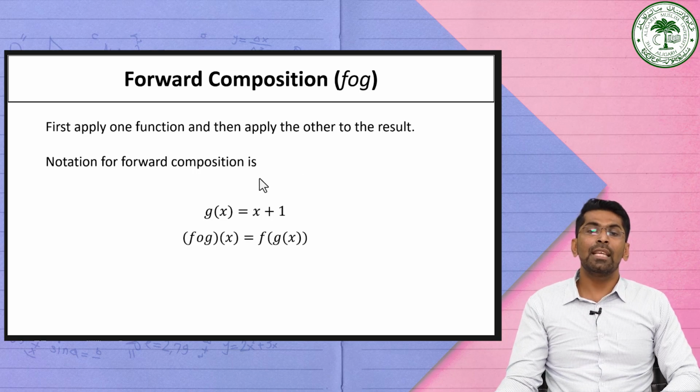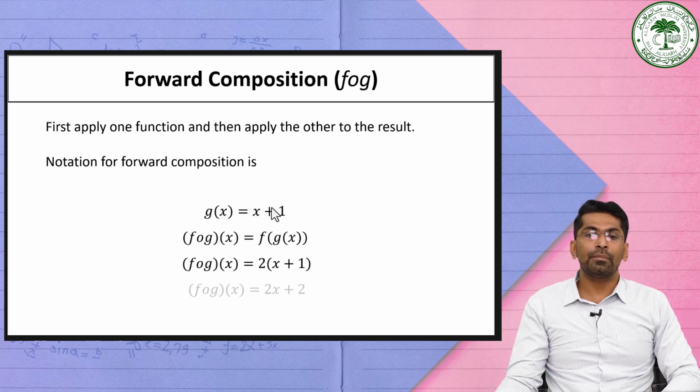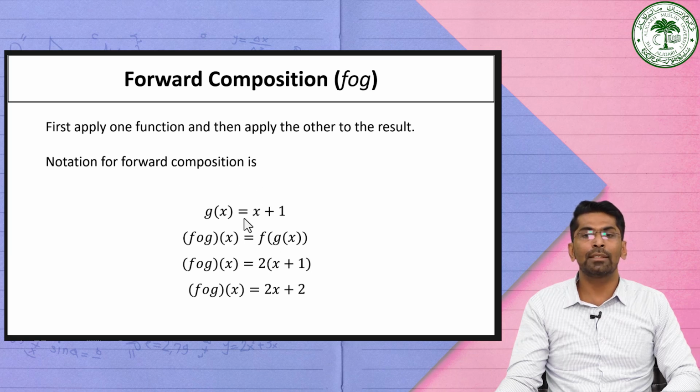For example, we have two functions: f of x is equal to 2x, and g of x is equal to x plus 1. Then how will f of g of x be?